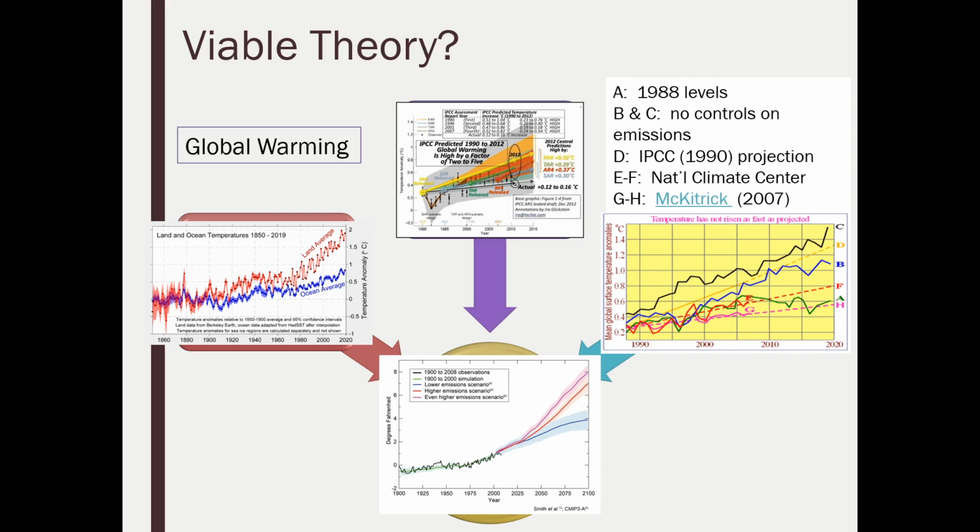When we look at the data that has come in since the model was created, it is not necessarily following at the level that at least some of the models had projected. So we have to say the models need to be altered to take into account these new data. Does that now throw the entire theory into question? Not necessarily, right?